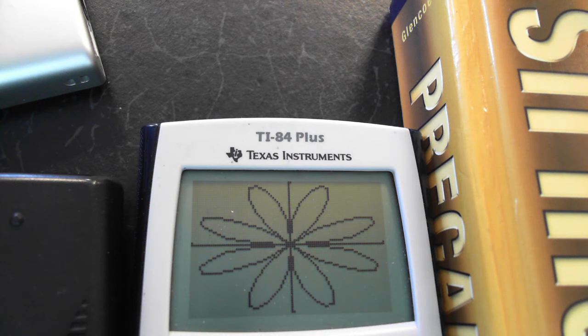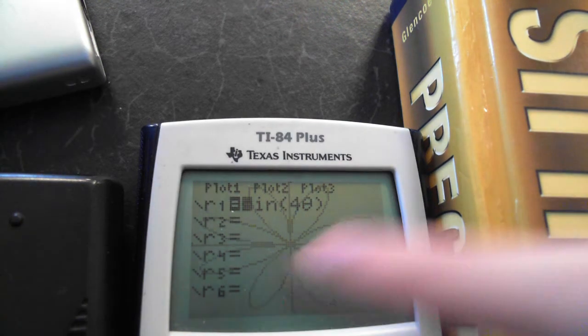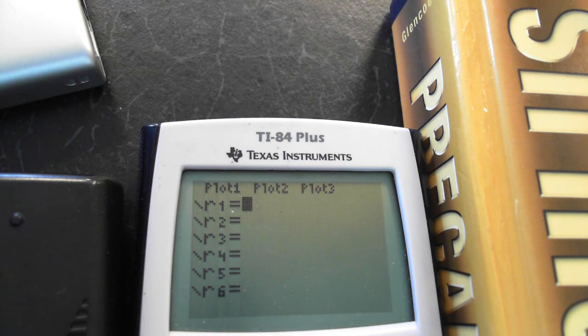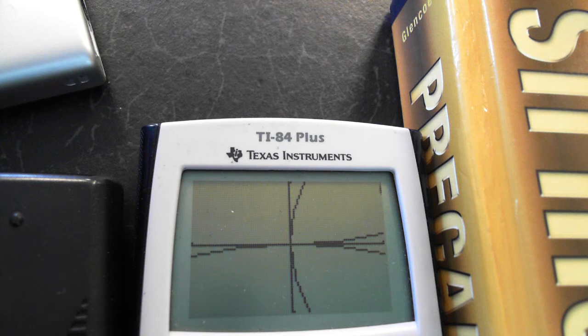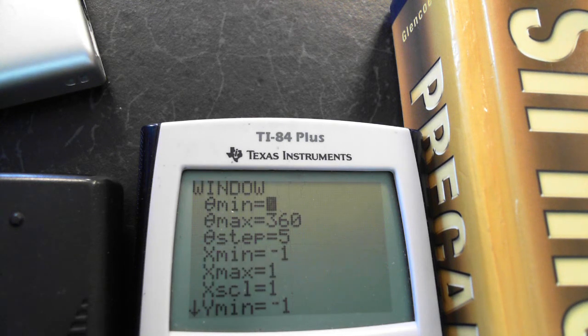Now let's try a number 20. Can you do 8 theta? 3 sine 2 theta. Uh-oh. How long do you think these petals are?